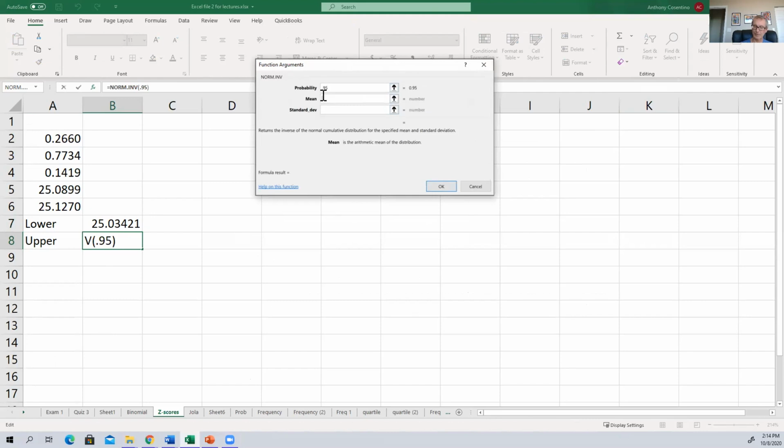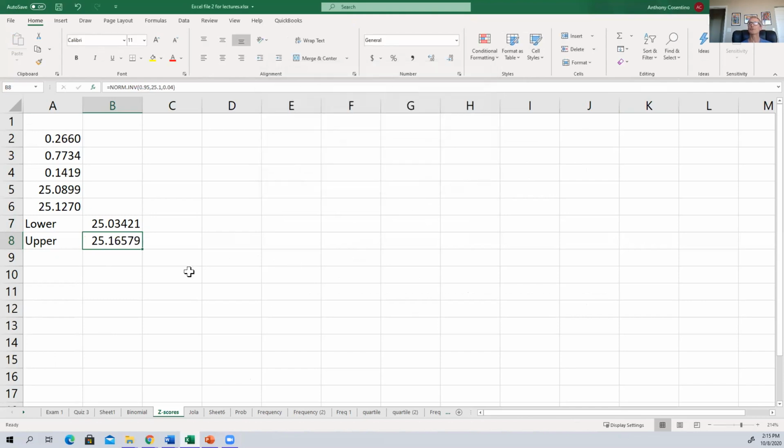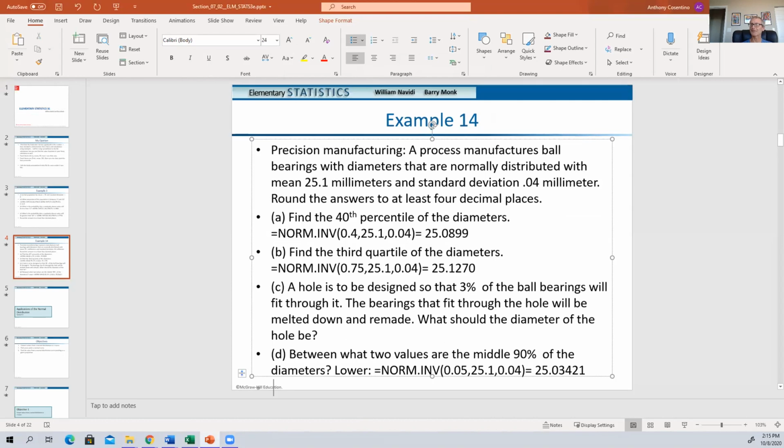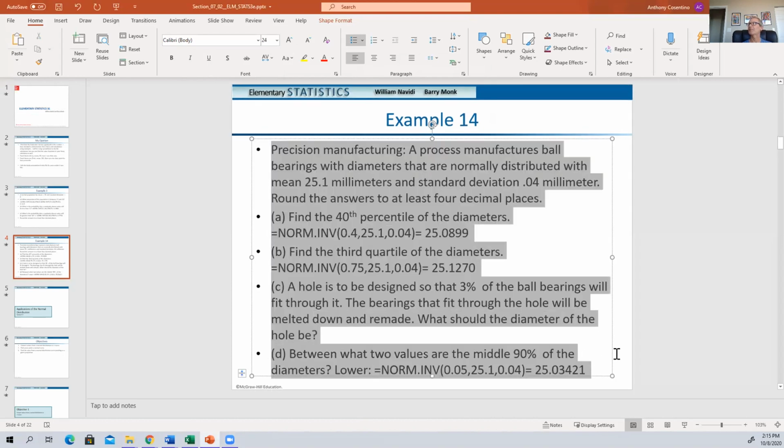That would be 25.1, and that would be 0.04. And you would see you get a number of 25.165. So a little monotonous here now. Hopefully you're like, oh, I'm doing all right with this now. So let me copy and paste this here for you.